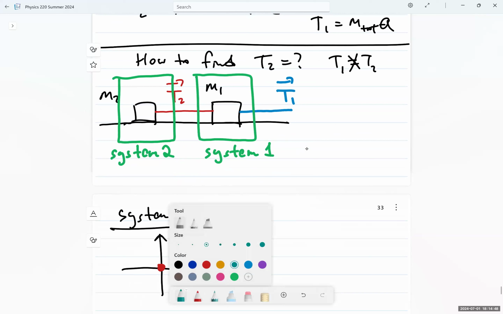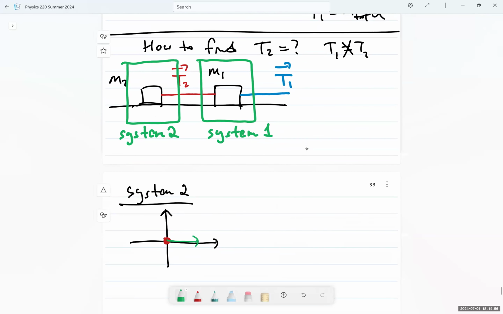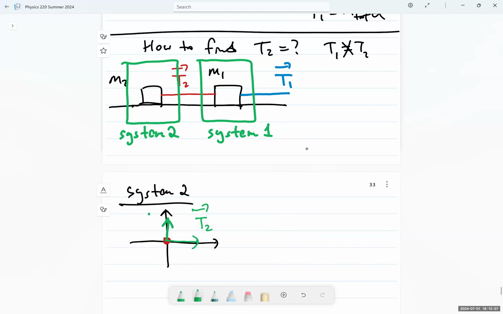What I have for system 2 is only one rope acting on it, which is rope 2, and it pulls it to the right. So tension 2 comes from rope 2, and there's a normal force. So normal force 2, because it's box 2, and then we can put a gravitational force 2.